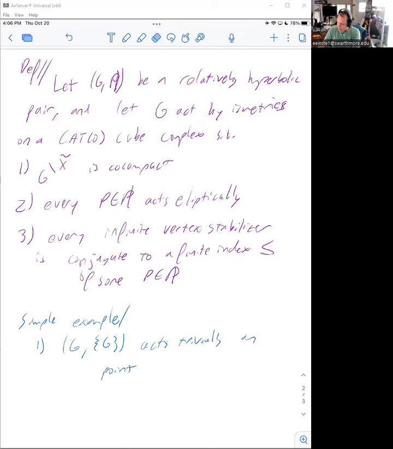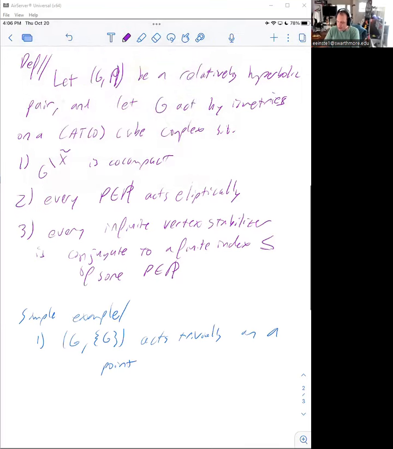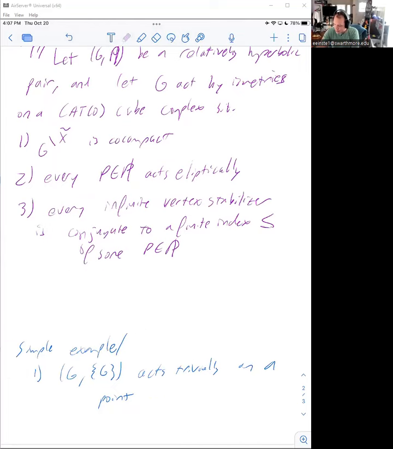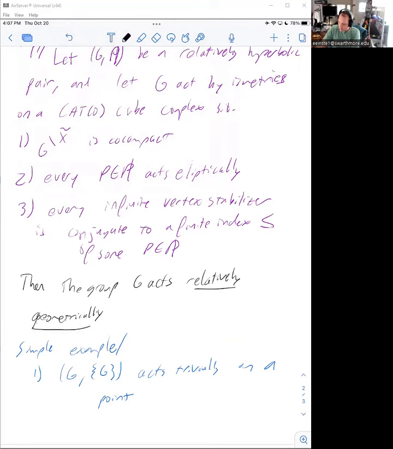And I just realized I screwed up, so we should circle back because I didn't tell you what the payoff of the definition was, which is that then the group G acts relatively geometrically on X tilde, and we're going to call this CAT(0) cube complex X tilde.